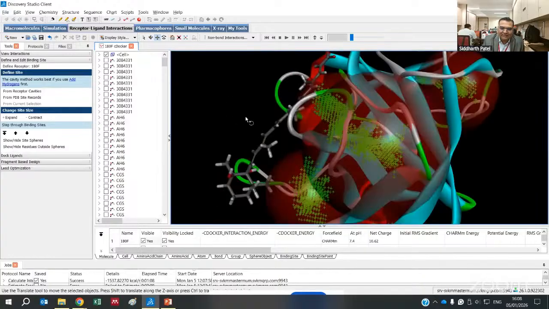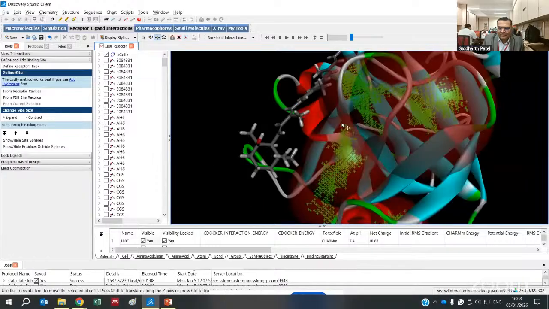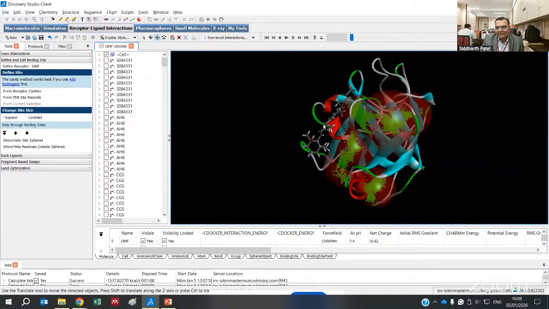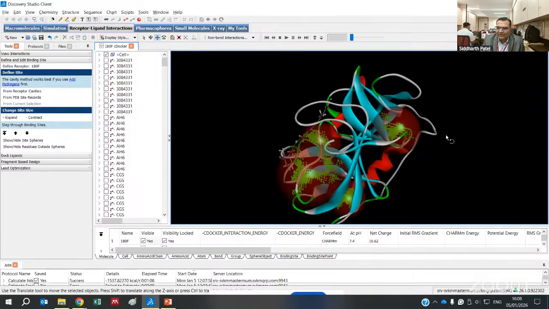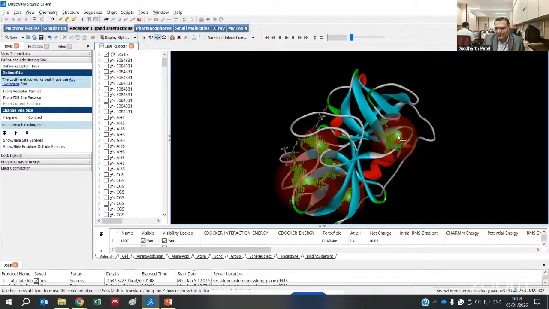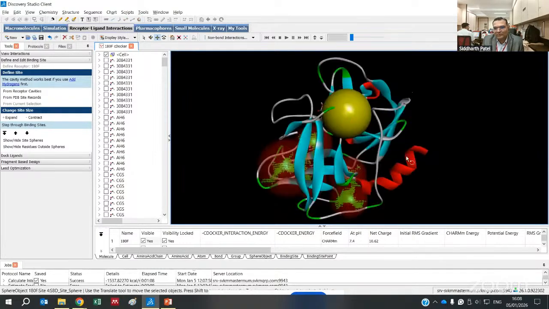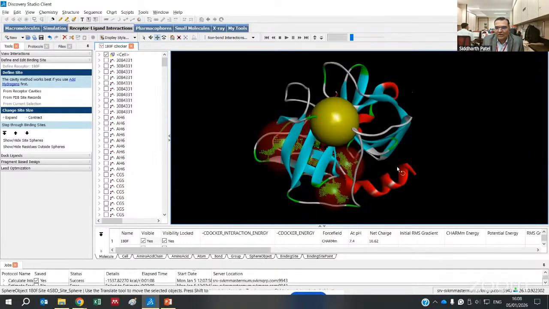Now you can see this molecule is not around the cavities. The molecule is at the superficial level. The molecule is not entering the cavities. That means if this cavity is blocked, then two loops are blocked. You can see here two loops are entering this yellow ball.